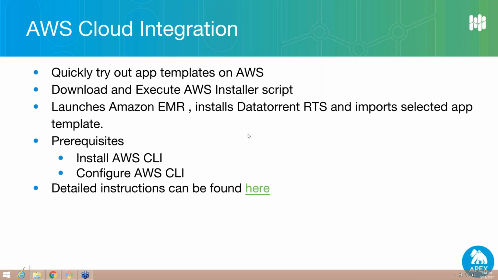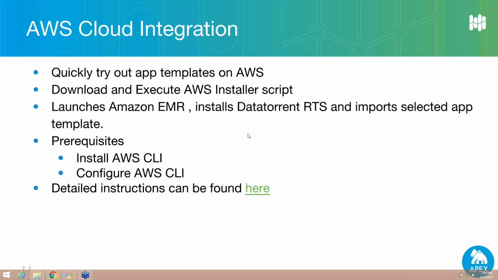To enable users to quickly try out the applications, we have come up with AWS Cloud Integration, wherein on our website, whichever app you want to try, you can just click on the download link, and we will give you an installer with some scripts in it which you can just execute on your machine.